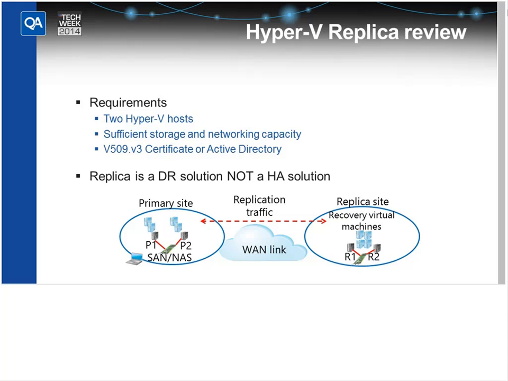I guess the key thing, which is always important to highlight when talking about protection technologies, is to align where protection technologies sit. It is quite important to be aware that Hyper-V Replica is designed as a DR solution, a disaster recovery solution, not a high availability (HA) solution, or a fault tolerant solution.